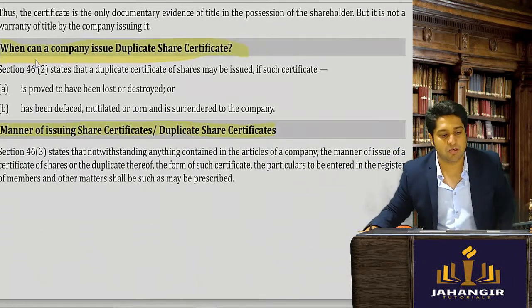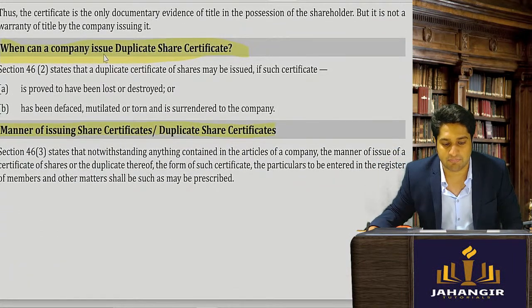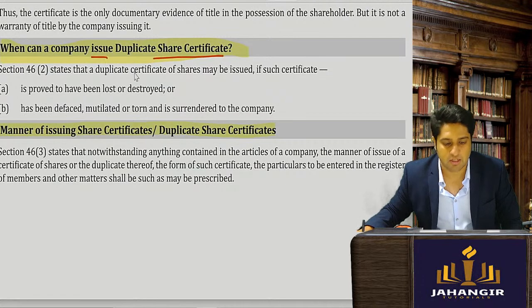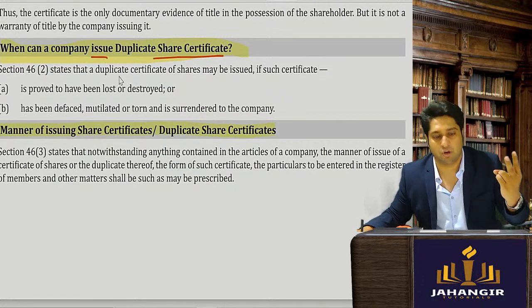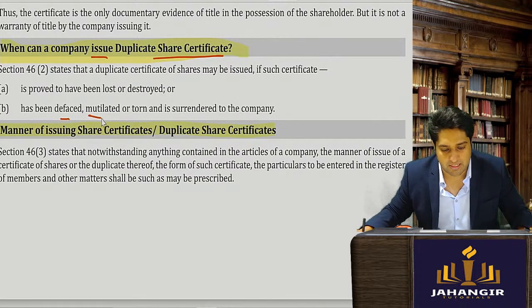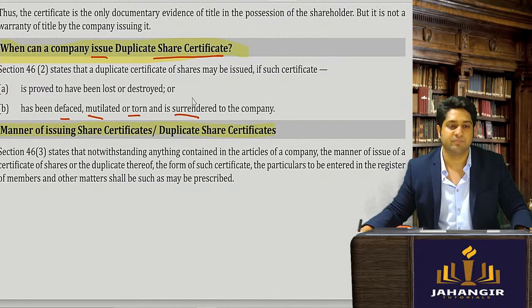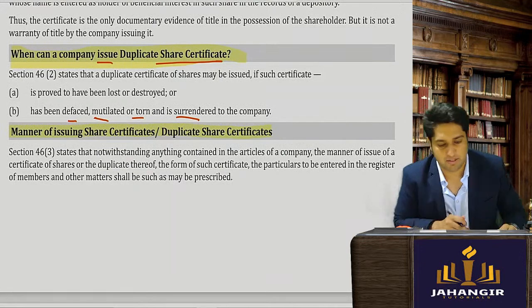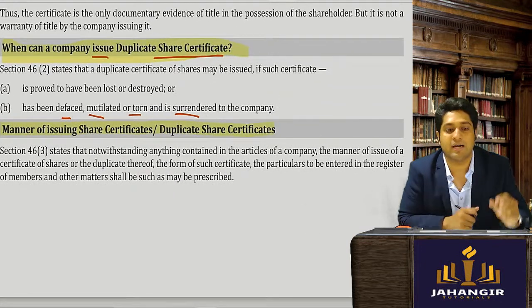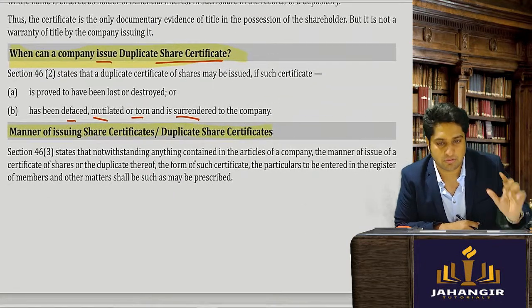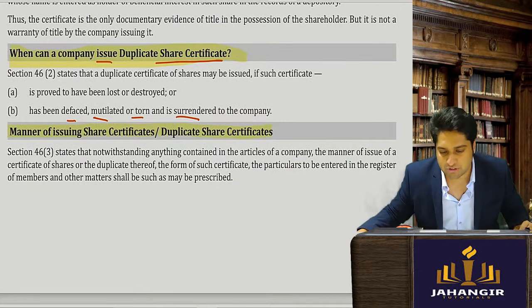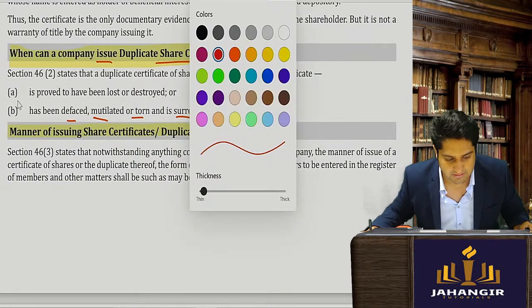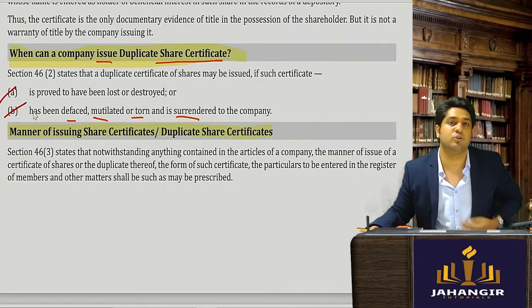When can a company issue duplicate share certificates? When they have been lost, destroyed, defaced, mutilated, torn or surrendered to the company. For example, if you've lost the share certificate, then you can ask the company to give it to you. Now, in which of the two cases will a board resolution be necessary?